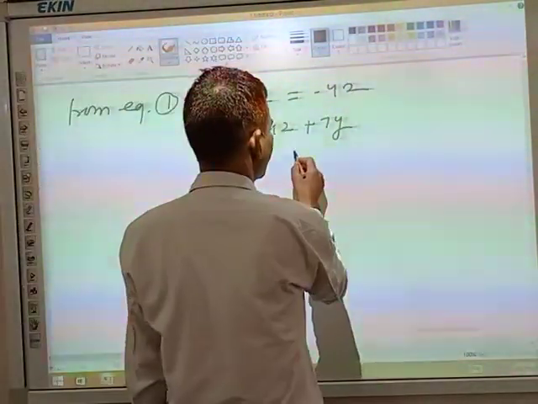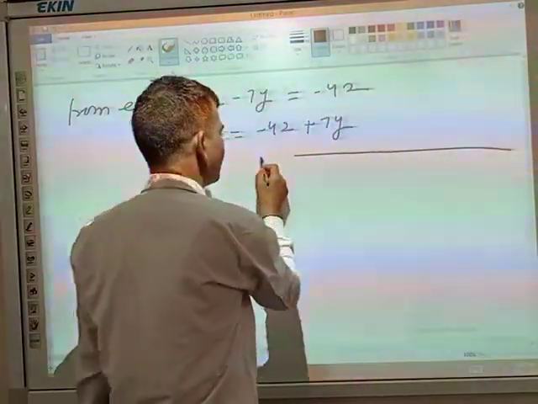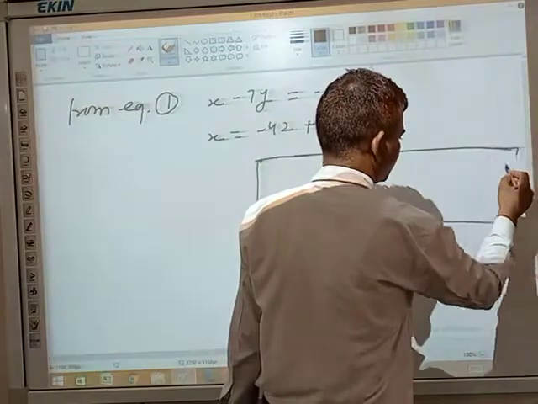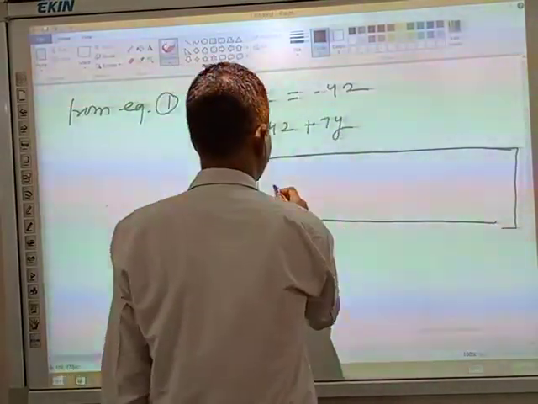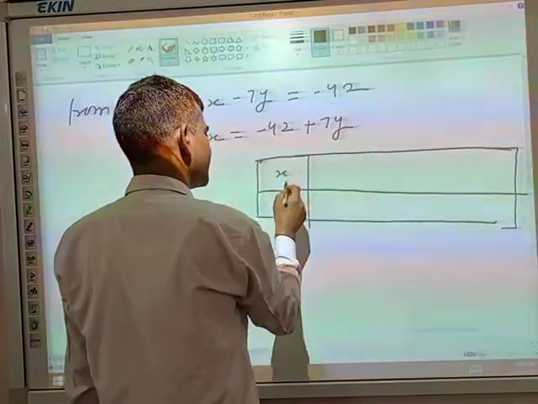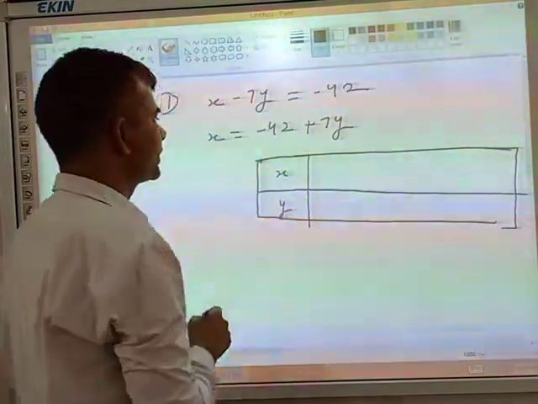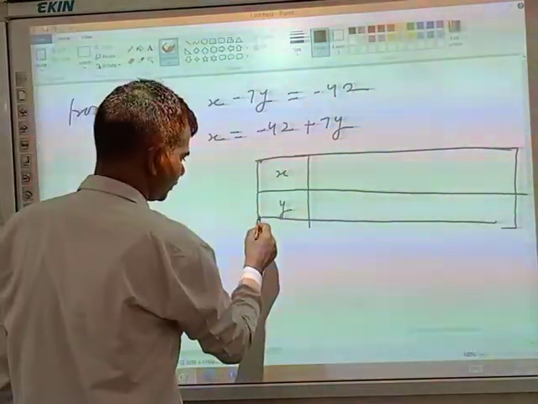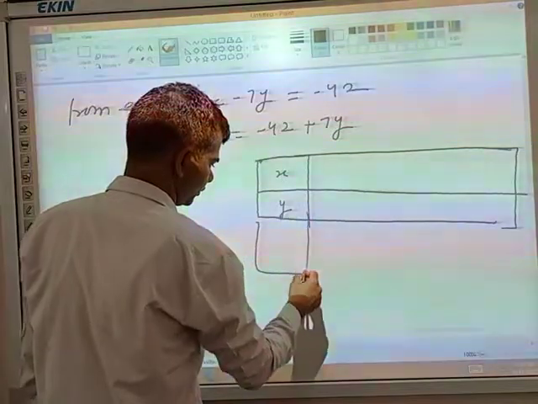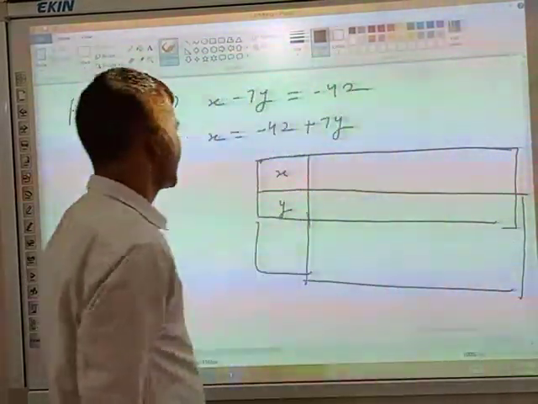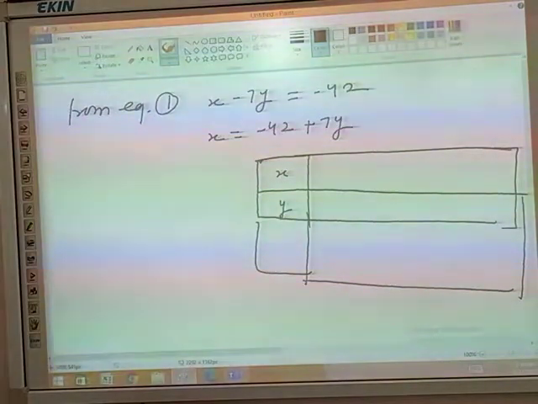We will draw a table. Students, so you know how to do it. x is equal to minus 42 plus 7y.